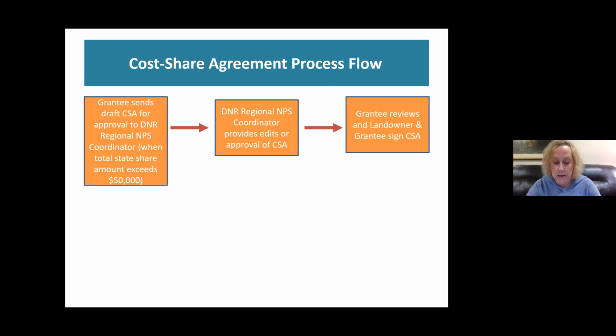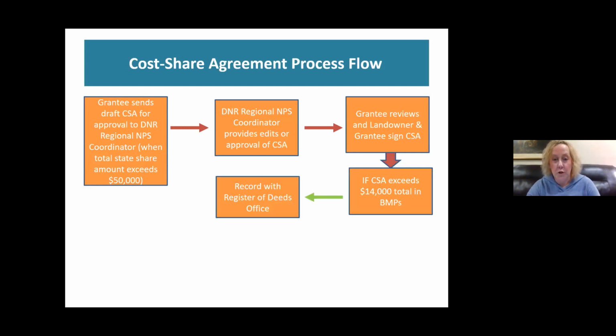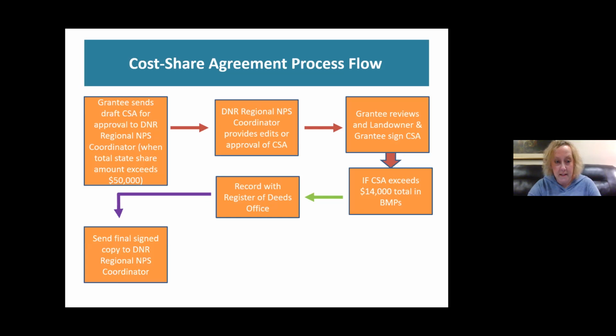And then the grantee will review the approved cost share agreement, and both the grantee and landowner will sign the cost share agreement. And if that cost share agreement exceeds $14,000 total, it will need to be recorded with the Register of Deeds office. And once that's done, then the final signed, registered copy will need to be sent to the regional coordinator.